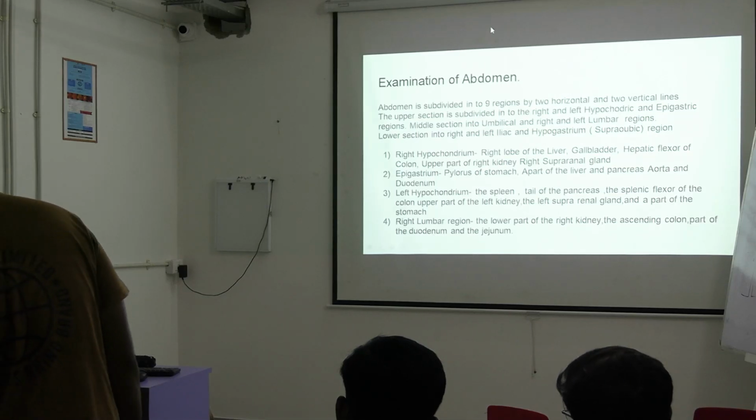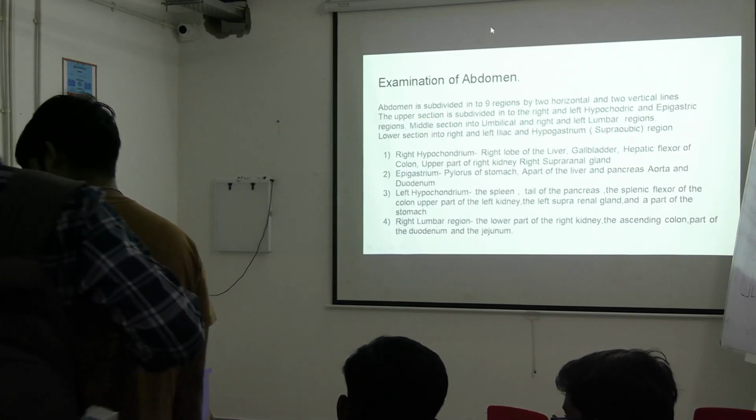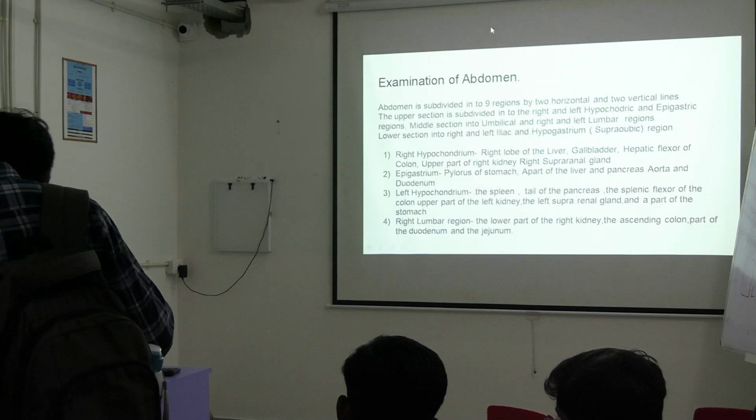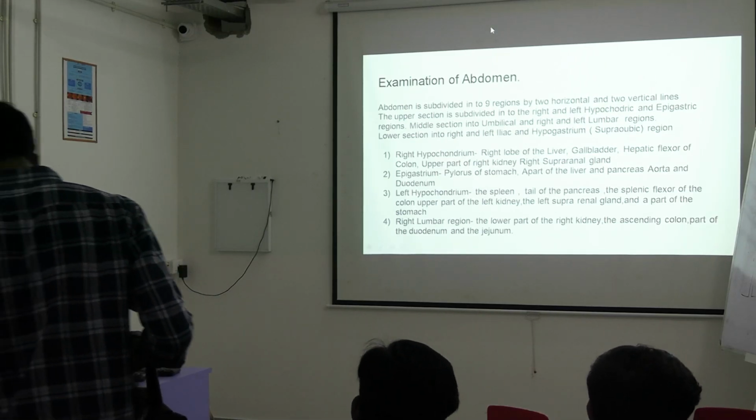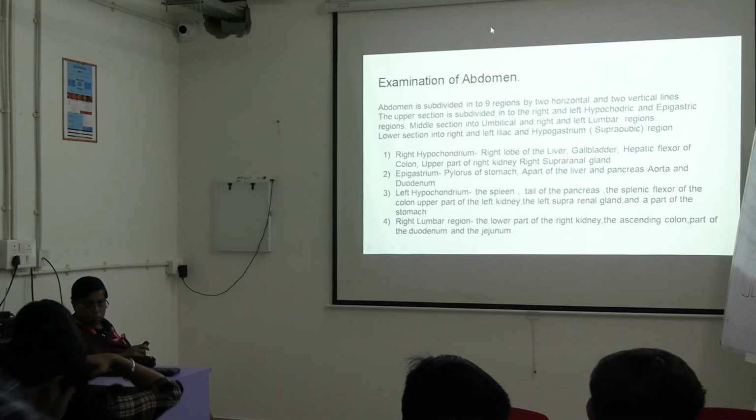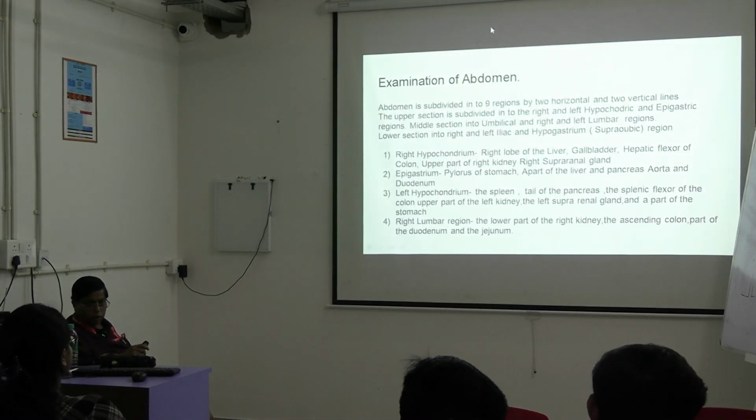You take a point on the right and also a point on the left. This will be your upper horizontal line, the connection of the 2 points at the lowest point of the rib cage.